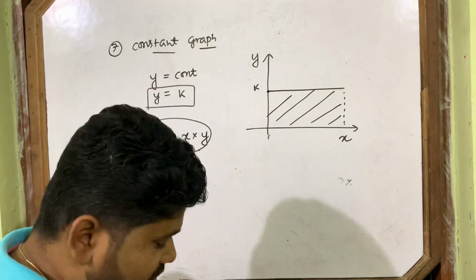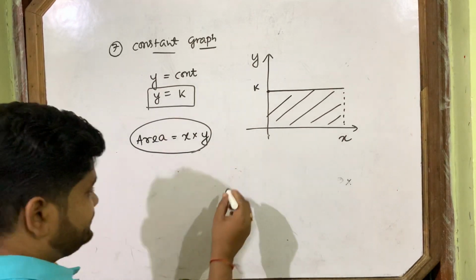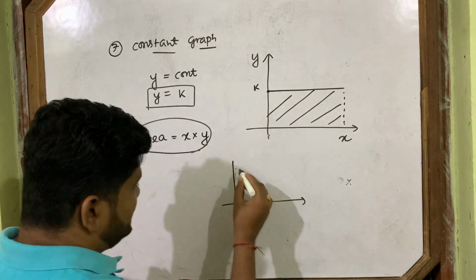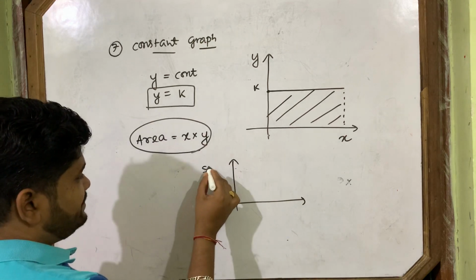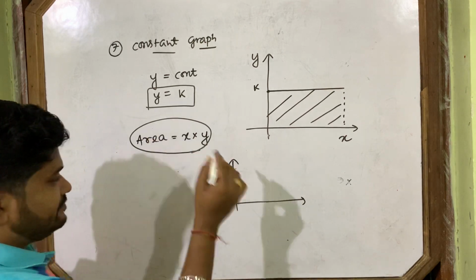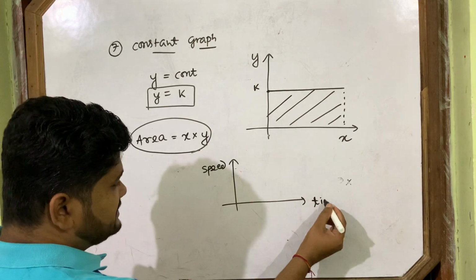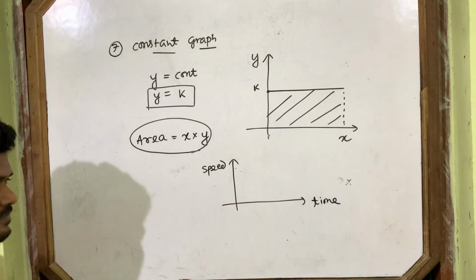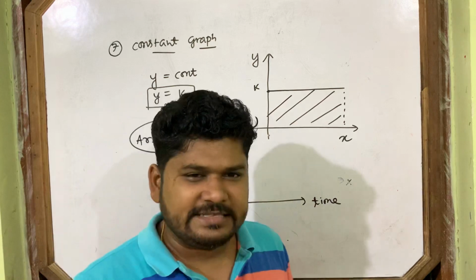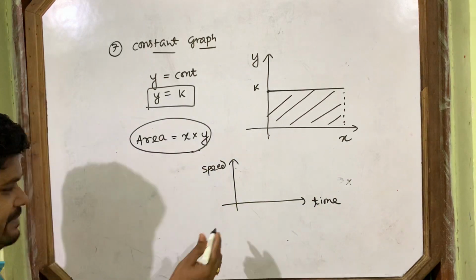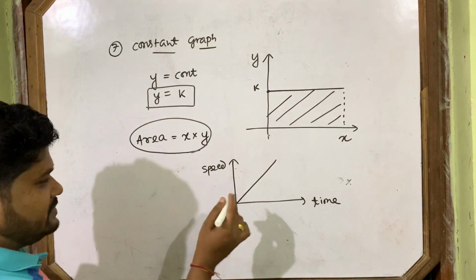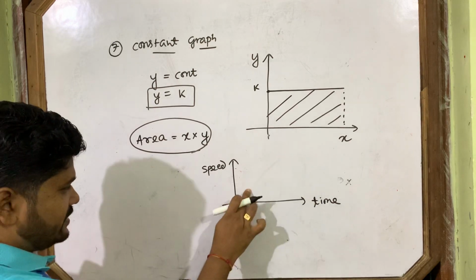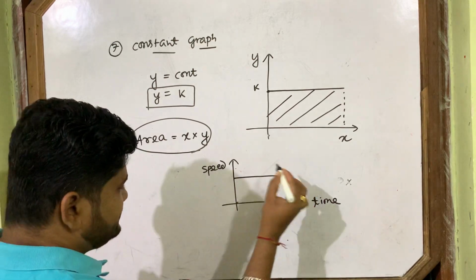One example I am showing you about this whole area. Suppose here speed is taken and here time is taken. The graph may be of any shape, it doesn't matter. It may be like this, or also like this.